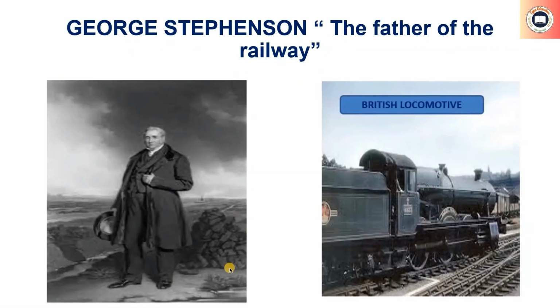In this picture, you can see George Stephenson, also known as the father of the railway. He built steam locomotives for the British Railways. In this other picture, you can see a British locomotive train which carries people, manufactured goods and raw materials and takes them from one place to another. Hope you understood.